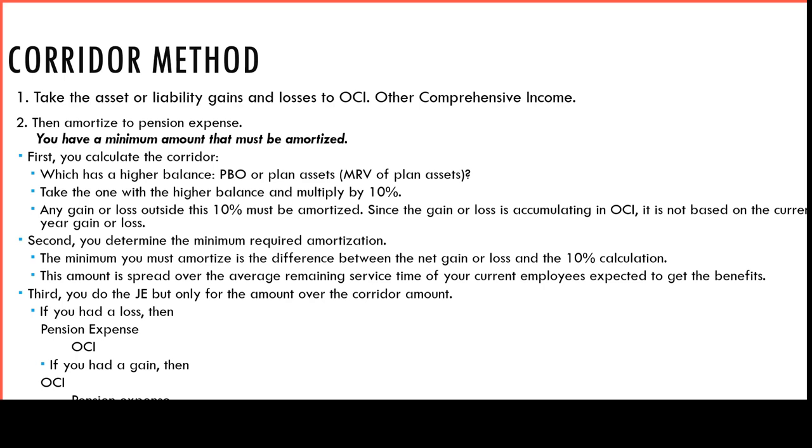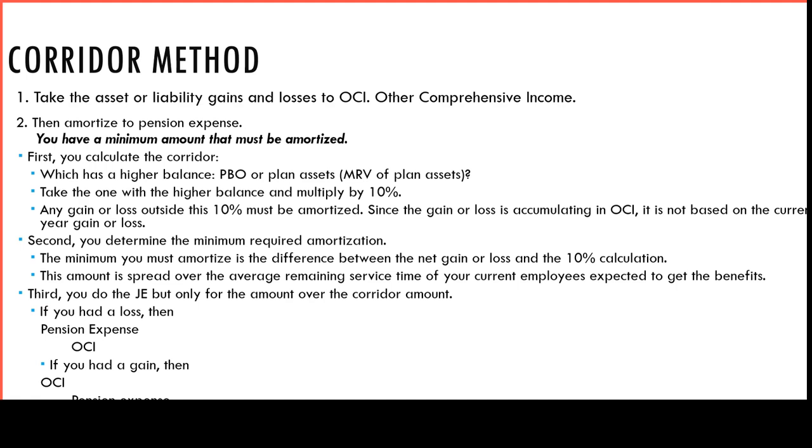You take the higher of each one of those balances, and you're going to say, well, one's a debit, one's a credit. Forget about that. Just take it times 10%, and then you say, is my amount of gain or loss outside that amount? And if you have too much accumulating, too much outside, then you need to take it back down.